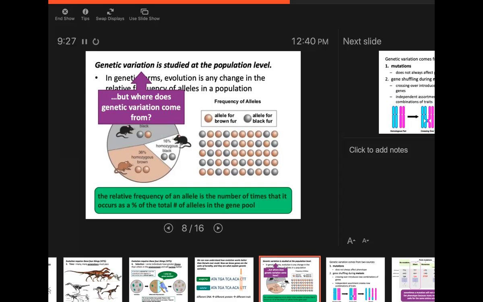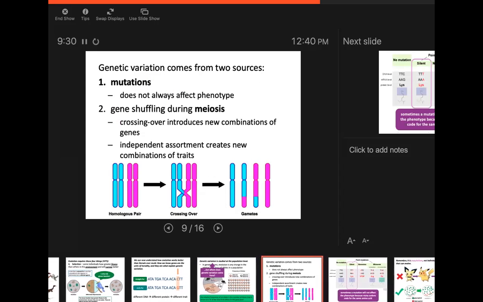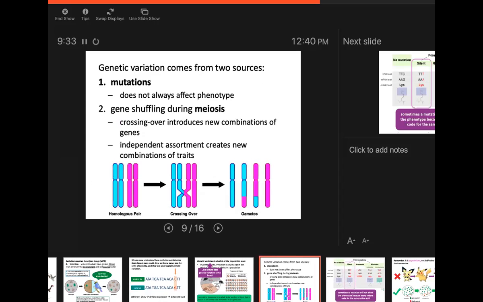So we are going to talk about two of them. First being mutations. And the second, gene shuffling, okay? So up here, you see 3 of the 5 that we just mentioned. So mutations are what? Changes in the genetic code, changes in the DNA sequence, okay? So when we're talking about mutations, it doesn't always affect the phenotype. Second, we have gene shuffling during meiosis, and this involves 2 of the things we mentioned.